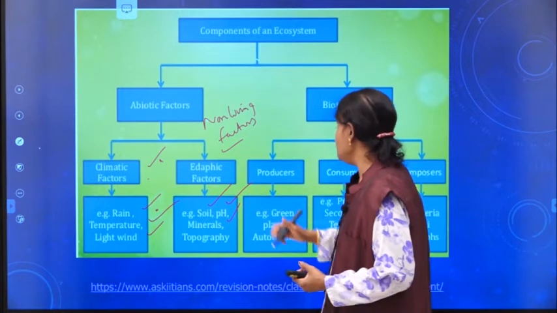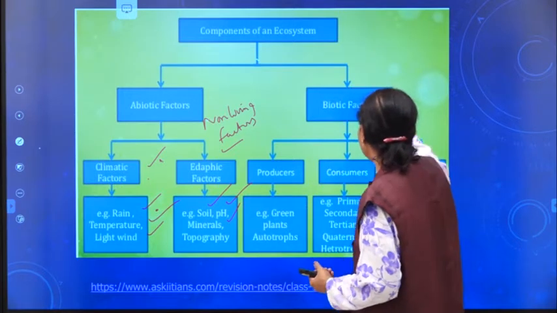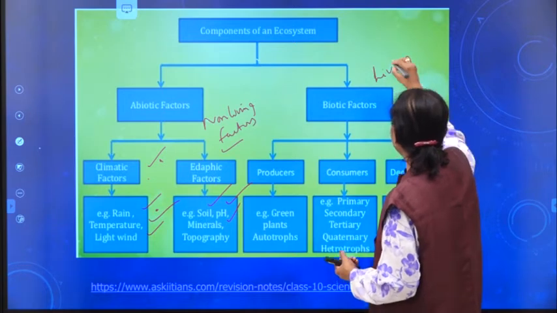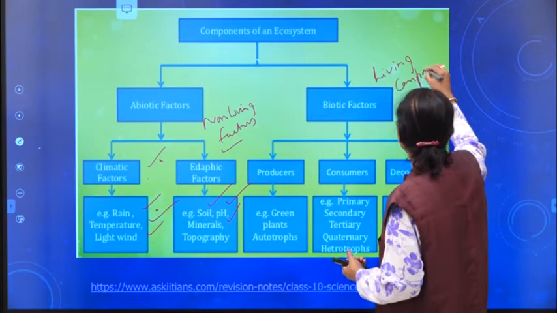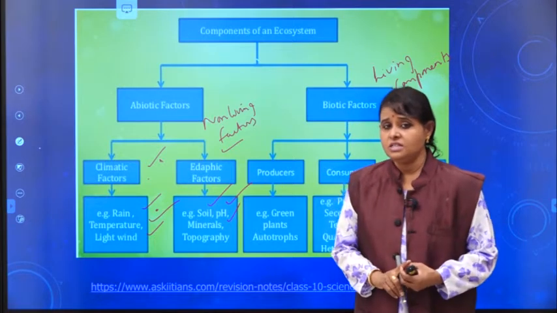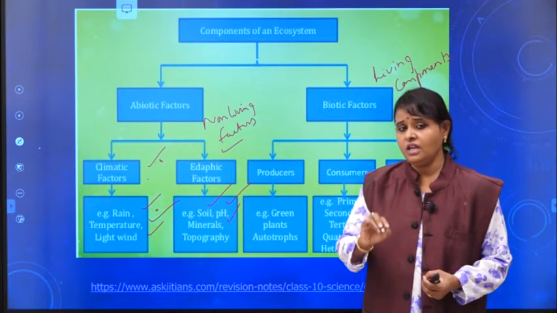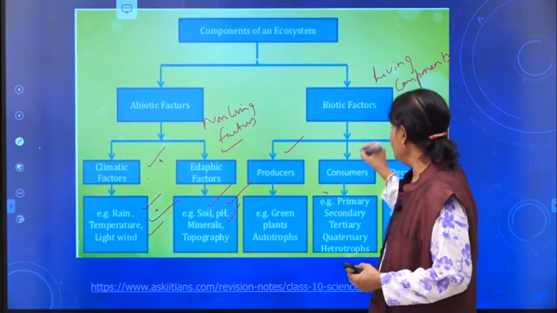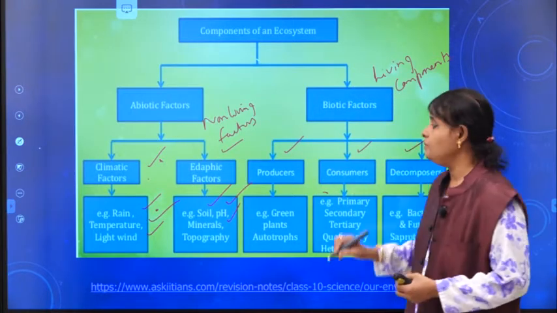Okay. Now you can see these are the biotic factors. Biotic factors means living factors, or we can say living components. These biotic factors are classified into three types. First one producer, second one consumer, third one decomposer.